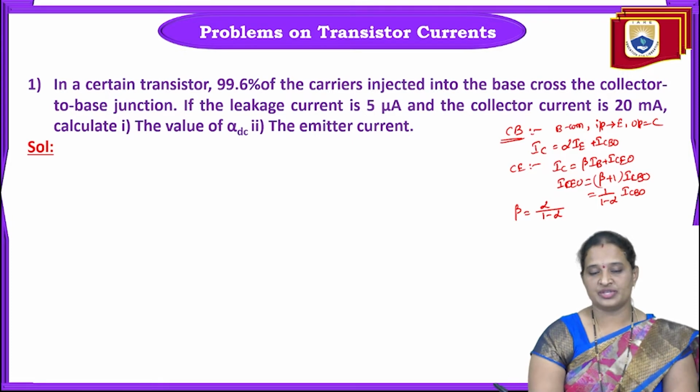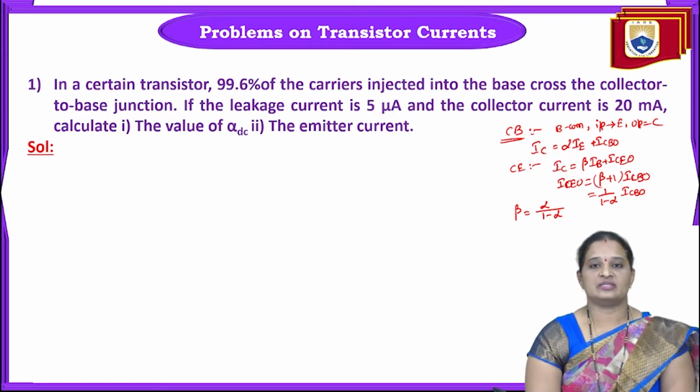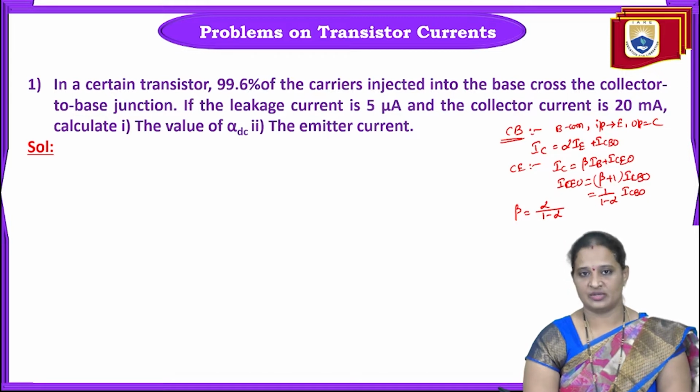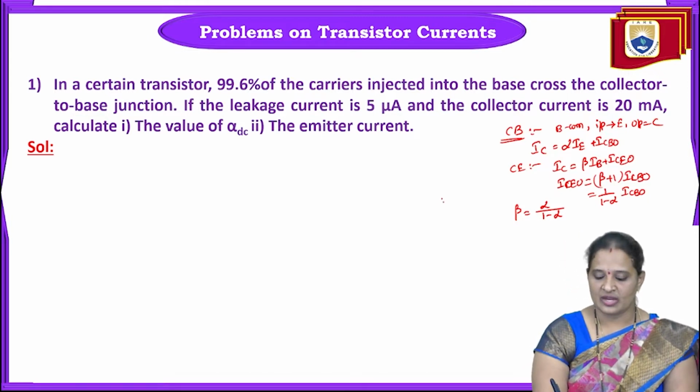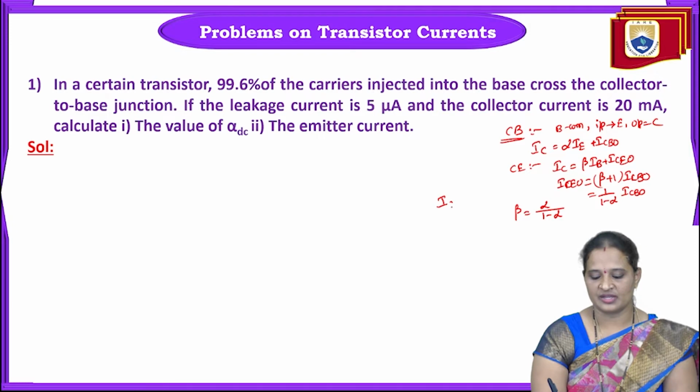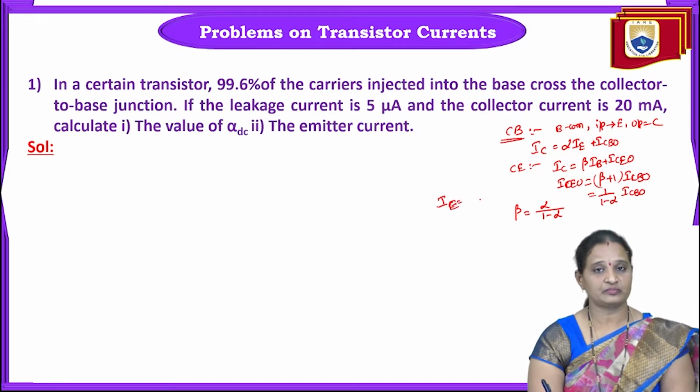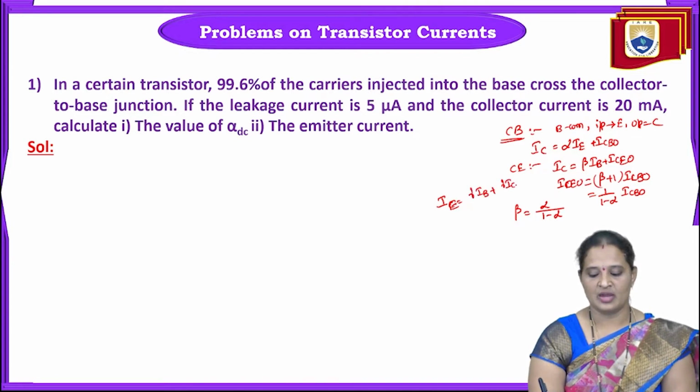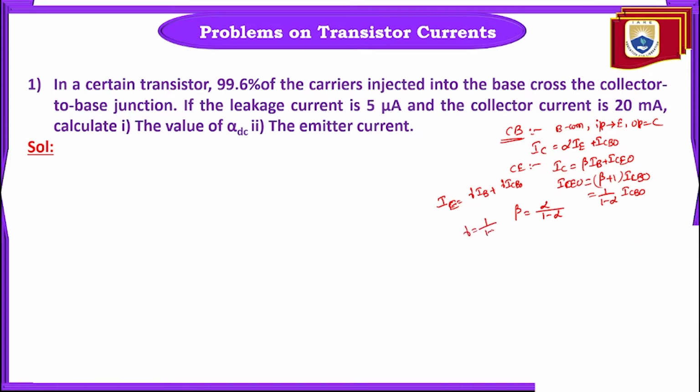So what is the equation in common collector? In common collector, emitter current is the output current and base current is the input current. So in common collector configuration, IE is equal to gamma into IB plus gamma into ICB naught, where gamma stands for 1 by 1 minus alpha plus 1.